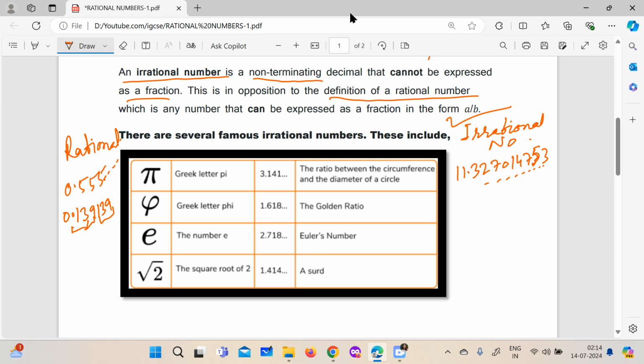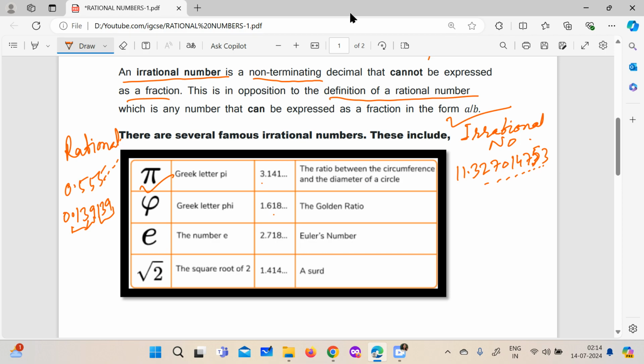So let's see, there are a few famous irrational numbers. See, pi. Pi is equal to 3.141 and that keeps on going. Then you have phi, also called the golden ratio, which is 1.618 and that keeps on going. You cannot find any pattern here, and this is non-terminating as well.